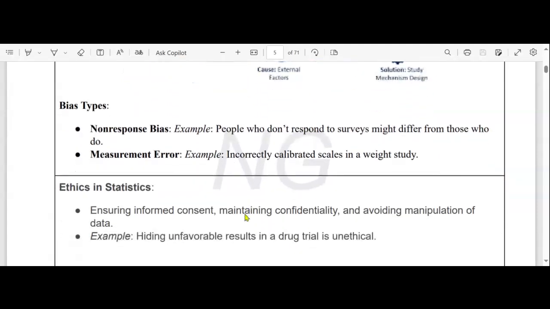Now, another type here is called bias types. We have two types: non-response bias, and then measurement error. What is non-response bias? People who do not respond to a survey might differ from those who do. For example, I will survey 50 workers in the company. Out of the 50, how many responded? 10.